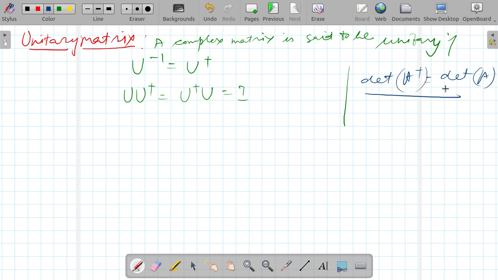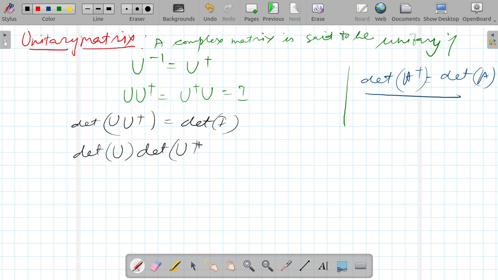So if I take determinant on both sides, I can write determinant of U dagger U is equal to determinant of I, or you can write it as determinant of U times determinant of U dagger is equal to 1, and here determinant of U dagger is simply the conjugate of determinant of U using this property. So that means the mod square of determinant of U is equal to 1.